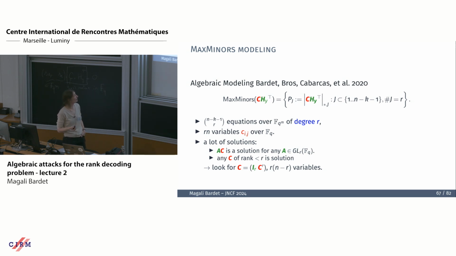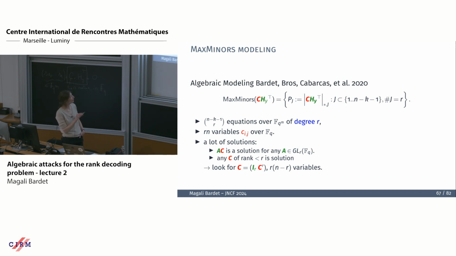And also, one solution is enough. You don't want to find all the solutions because you know all the matrices here. So you just want one. And also, any matrix of rank strictly less than R will be a solution. So you also want to remove this solution.